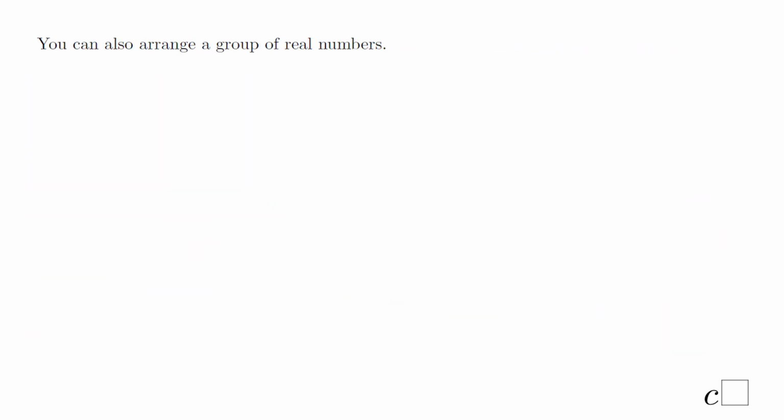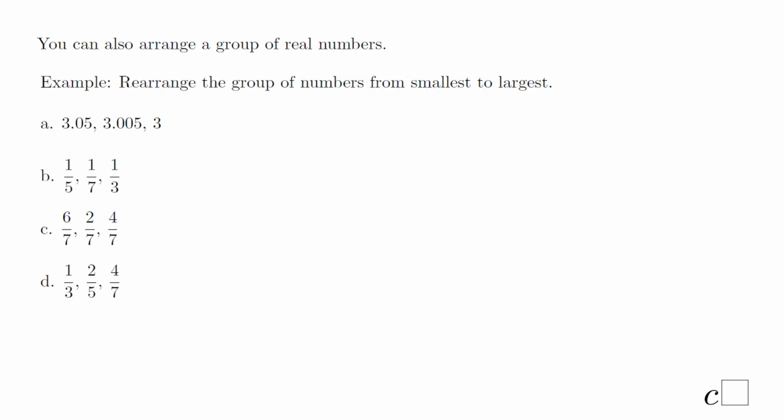And the last topic in this lesson is to arrange a group of real numbers. I'm going to use this example where we have a list of numbers and we have to arrange them from smallest to largest. So let's take a look at A. All of them have 3.